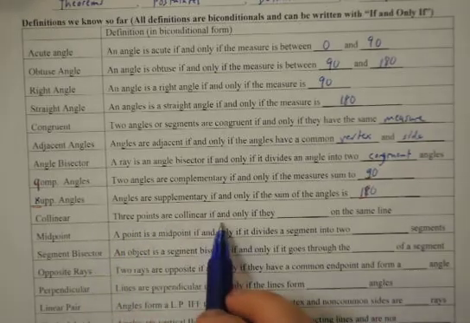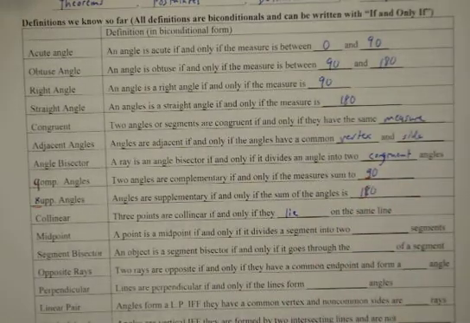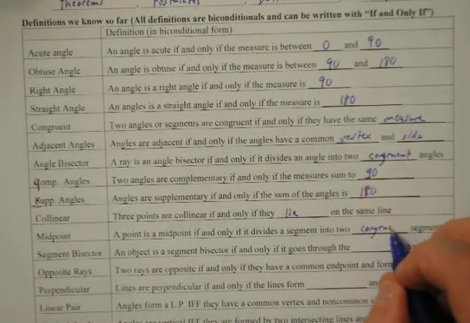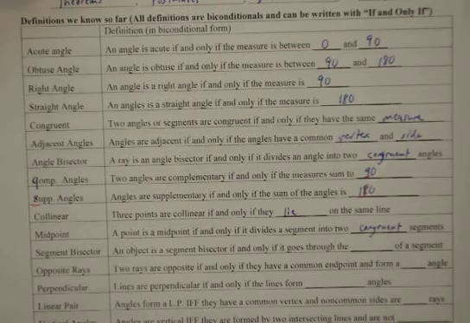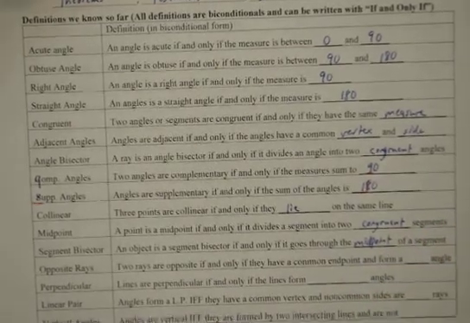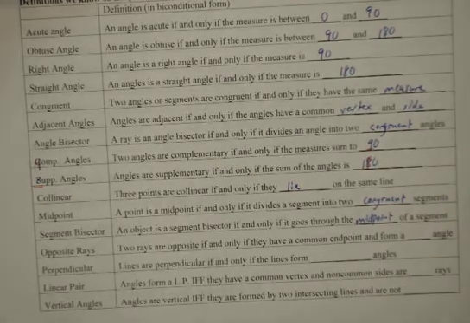Collinear. 3 points if and only if they lie on the same line. Midpoint. A midpoint has to make two congruent segments. And a segment bisector has to go through a midpoint. Opposite rays have to have the same endpoint and form a straight angle.